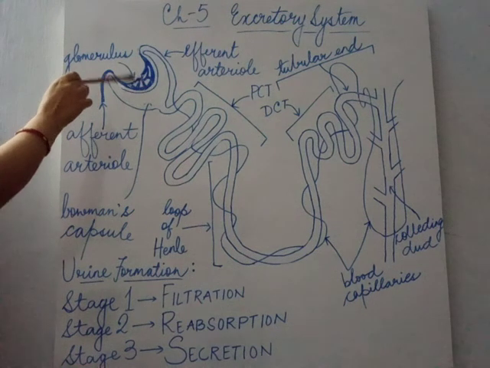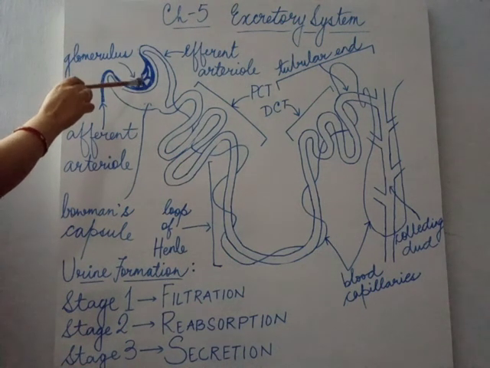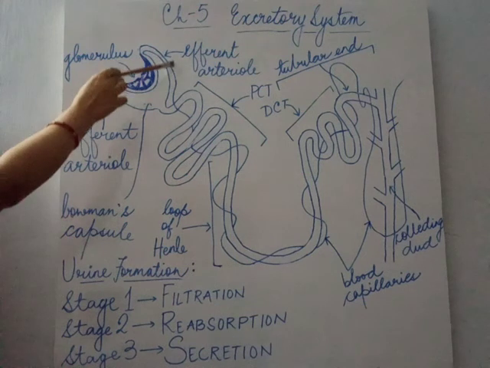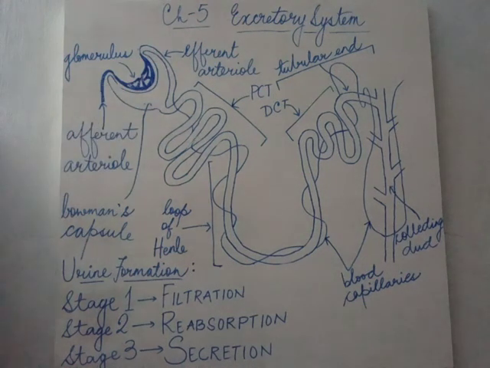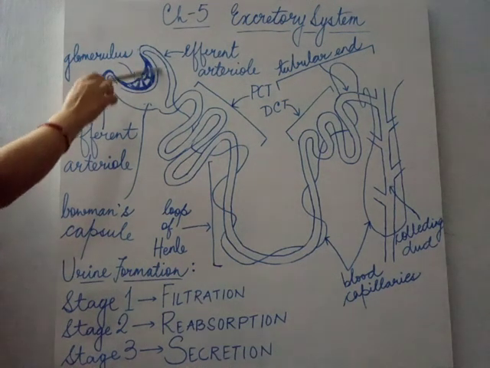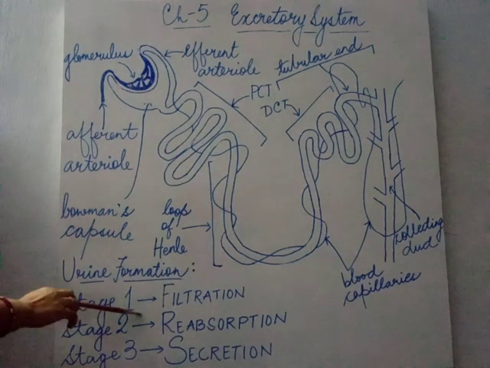Here these blood capillaries filter out all those impurities from the blood. Then pure blood passes through the arteriole to the blood vessels. So the filtrate is collected in Bowman's capsule. Is that clear? This process is called filtration, or stage 1.